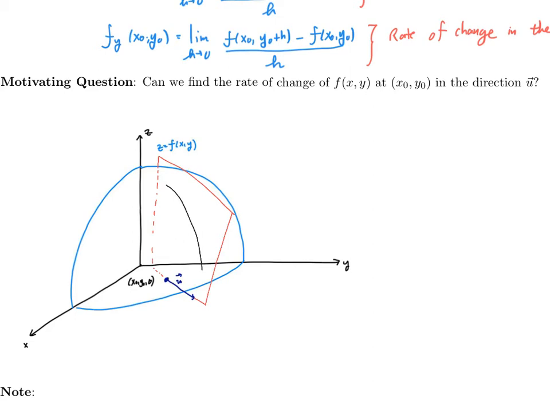And if we're at this point x naught, y naught, and we trace up to the corresponding point on our surface, let's go ahead and call this P, where P would correspond to the point x naught, y naught, z naught, with z naught being the function output associated to inputting x naught, y naught.